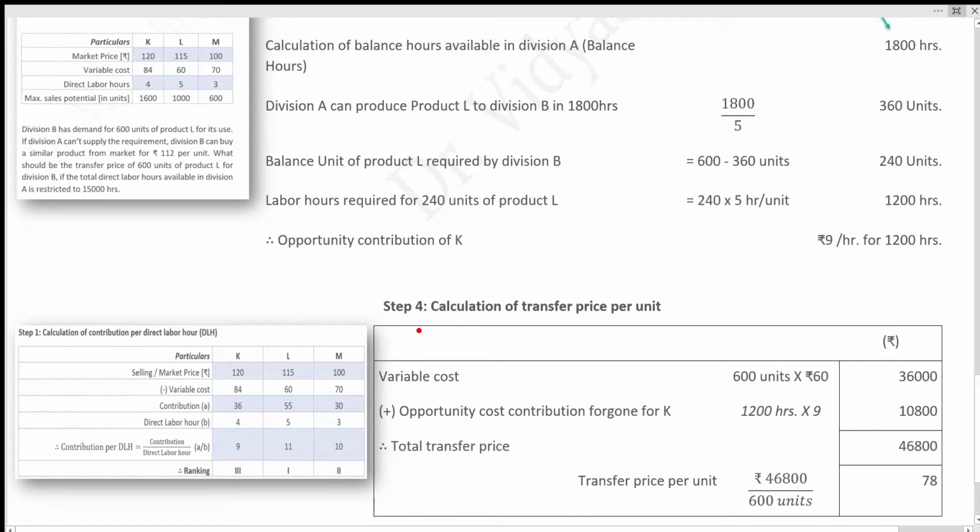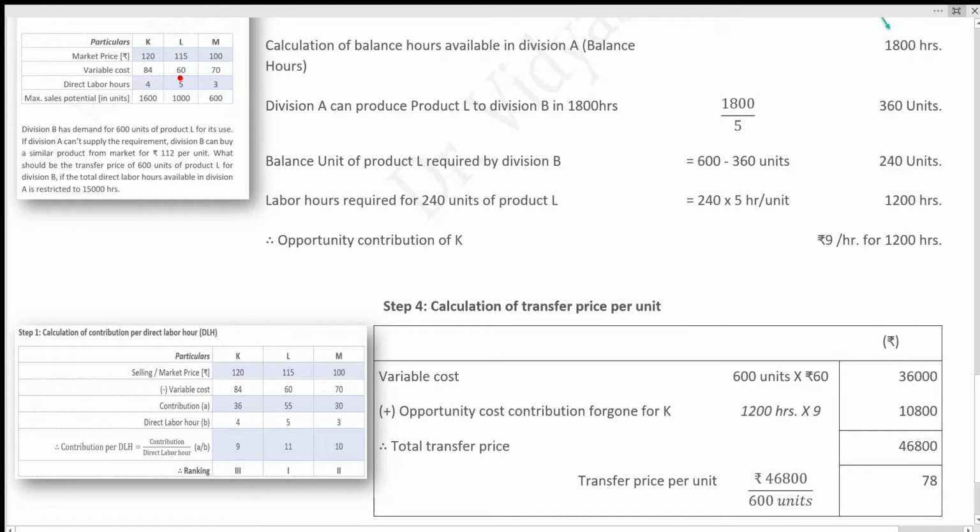So let's understand the last step, that is calculation of transfer price per unit. As we have discussed in the theory of transfer price, the formula to calculate the transfer price is variable cost, nothing but the marginal cost or incremental cost or variable cost, one and the same. Variable cost plus opportunity cost, we get transfer price. The same thing is observed here. Variable cost, as it is given in the question, for product L is rupees 60 per unit.